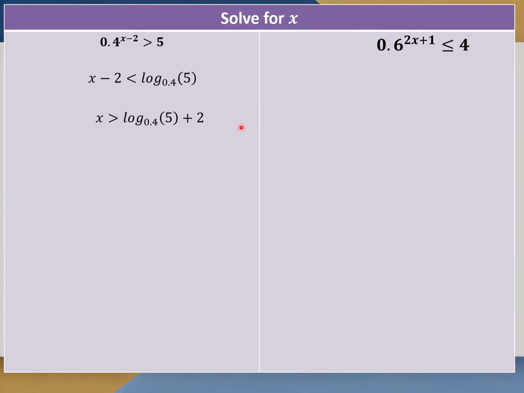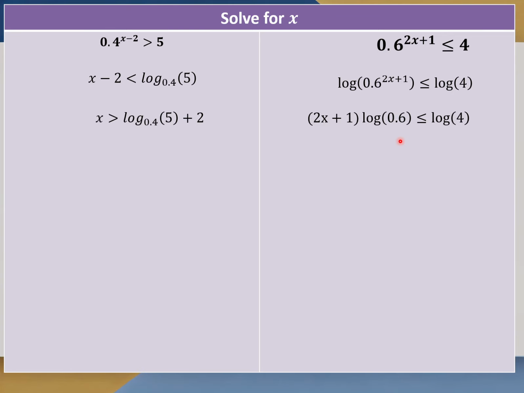With 0.6 to the power of 2x plus 1 is equal to or less than 4, I'm going to solve this slightly differently. I could have solved it the same way. I'm just going to apply log to both sides. So if I apply log to both sides, we've got 2x plus 1. I'll use the power rule to get it out the front. And then to get this bracket here by itself, I'm just going to divide by log 0.6.